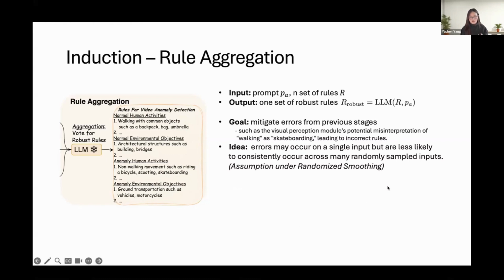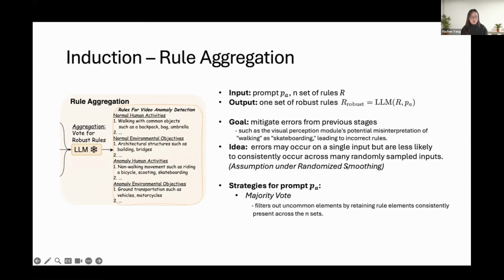The idea is that the errors may occur on a single input, but are less likely to consistently occur across many randomly sampled inputs. This is the assumption under randomized smoothing.